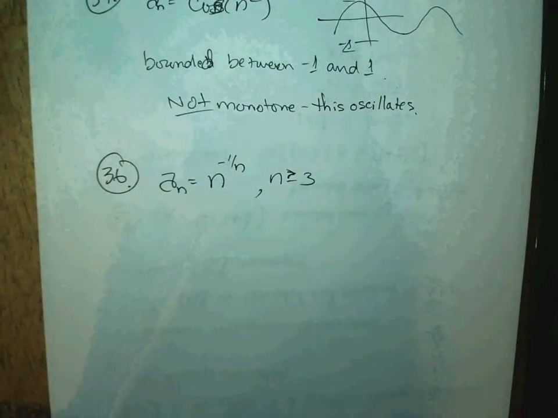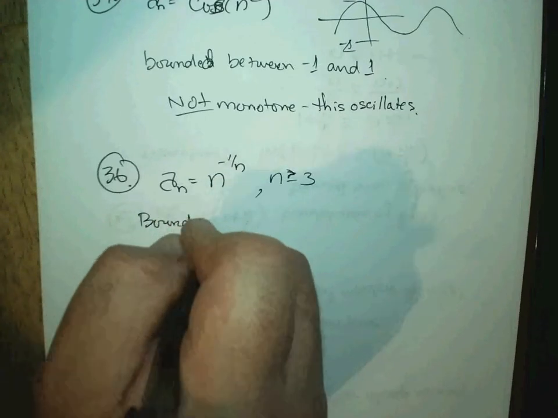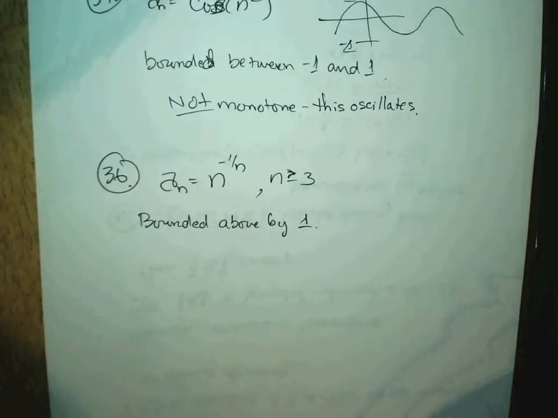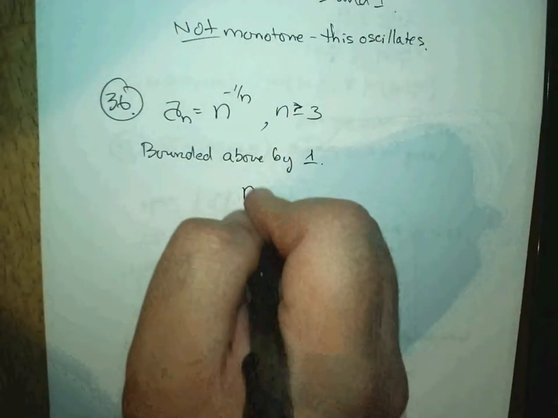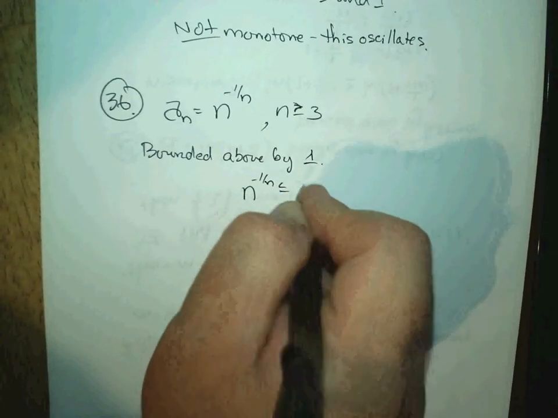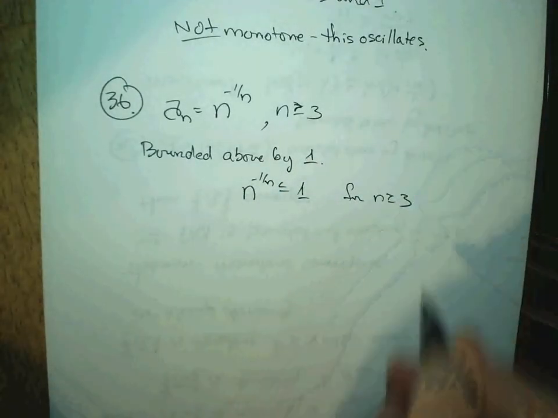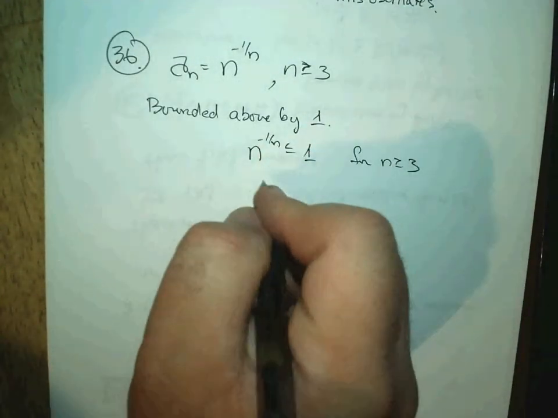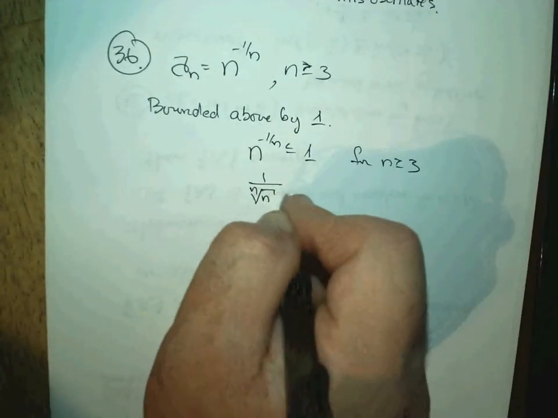How would we determine if this thing is bounded? Well, I'm going to suggest it's bounded above by 1. And let's see if we can prove that. N to the negative 1 over n. I want to prove that's less than or equal to 1 for n bigger than or equal to 3.